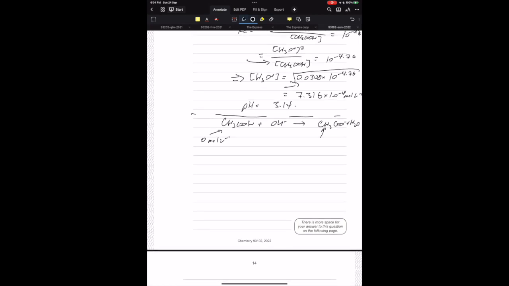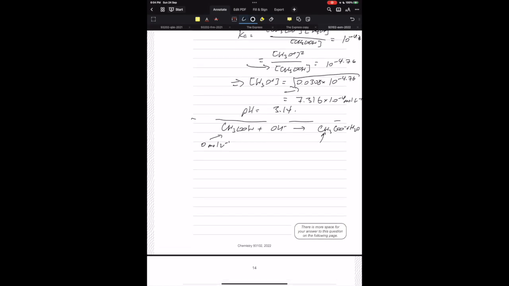And why is that important? Because when we consider pHs at equivalence points, we always have to consider the species involved. So usually we would have CH3COOH plus H2O gives us CH3COO minus plus H3O plus. But because we have no CH3COOH in the solution, because it's been fully neutralized, this approach no longer works.